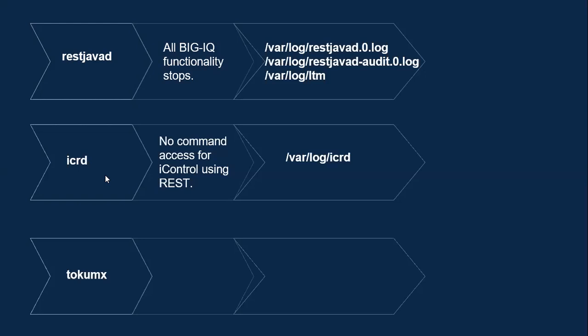It is only available as a daemon and used for upgrades. If this is not working in any of the earlier versions, you lose the BigIQ functionality. In order to analyze any issue with this specific process, you will have to go to var log tokamux.